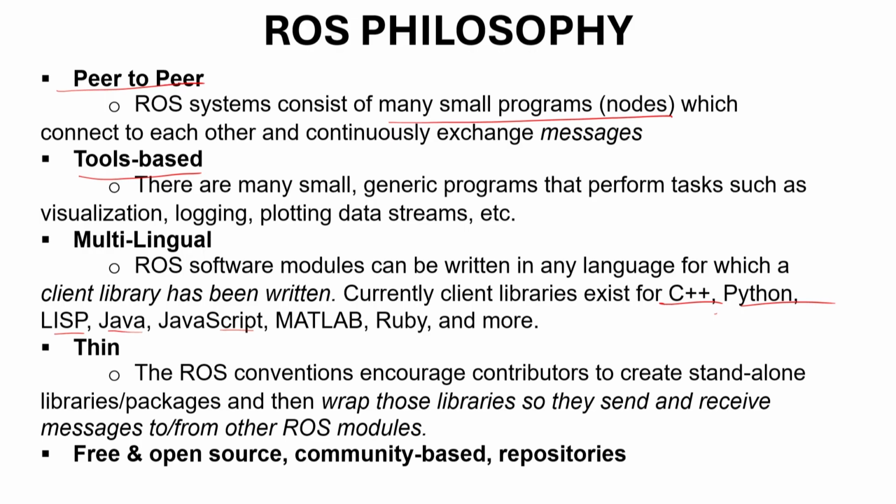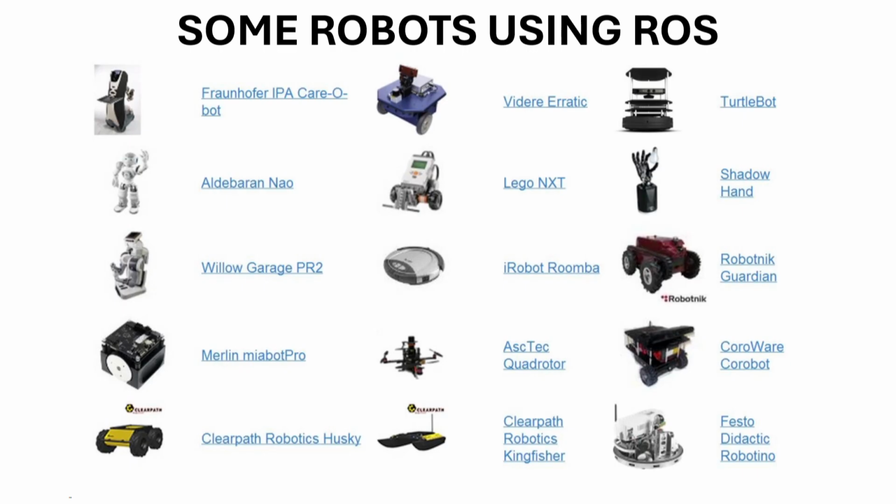You can use many of these languages for ROS, and it is thin, that is, ROS conventions encourage contributors to create standalone libraries, and then other people can use them. So, these are free and open source, community based repositories.